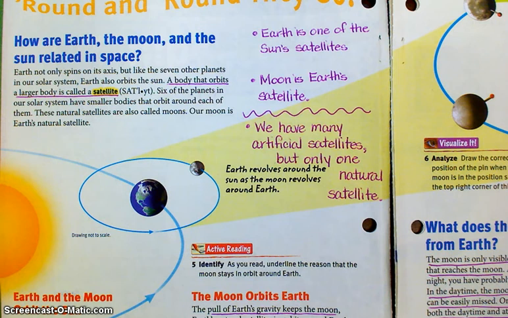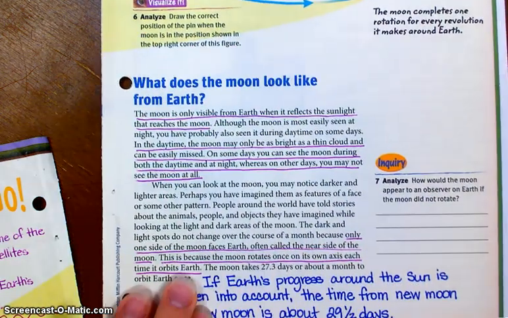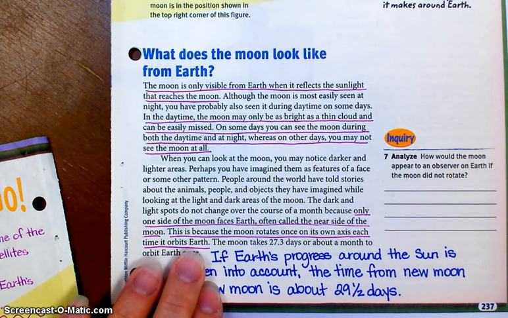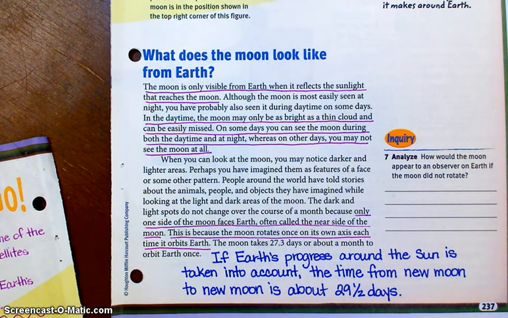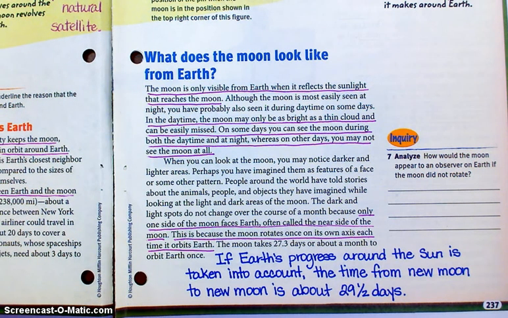All right, go to page 237, and it says, what does the moon look like from Earth? So the moon is only visible from Earth when it reflects the sunlight that reaches the moon. The moon does not produce its own light. The Earth doesn't produce its own light either.